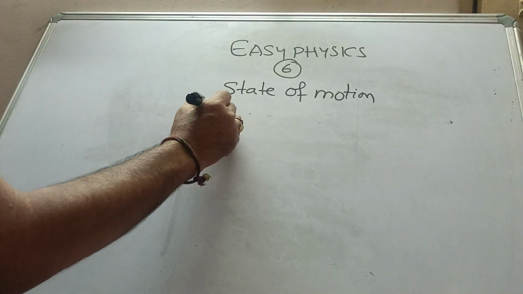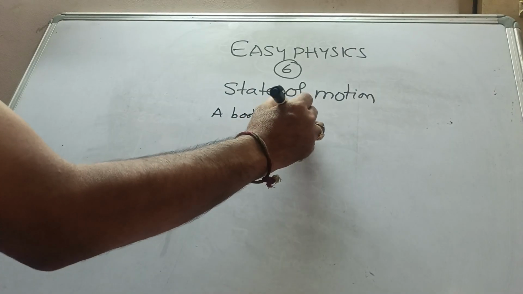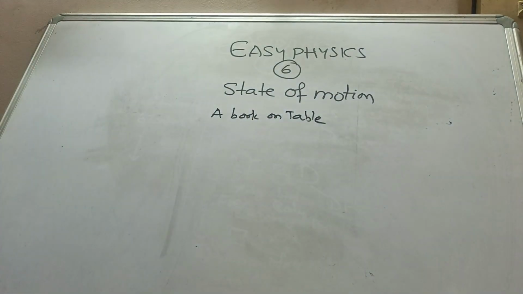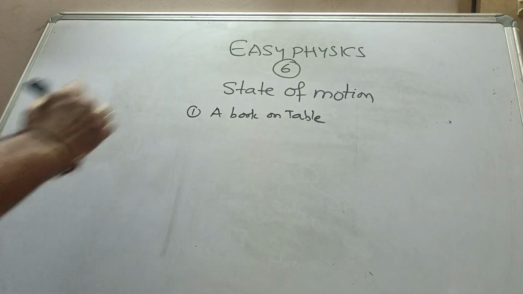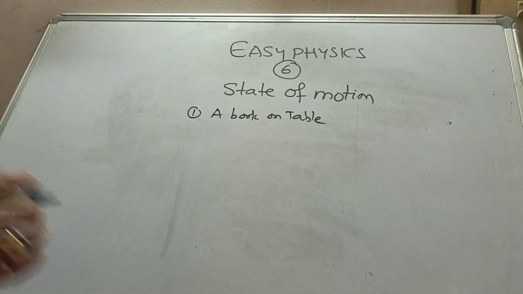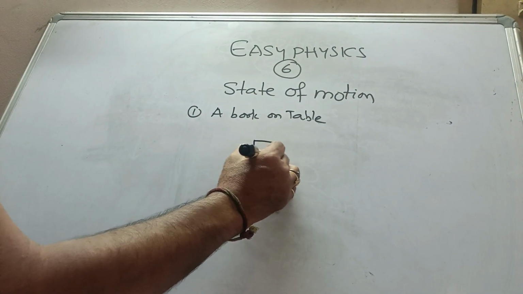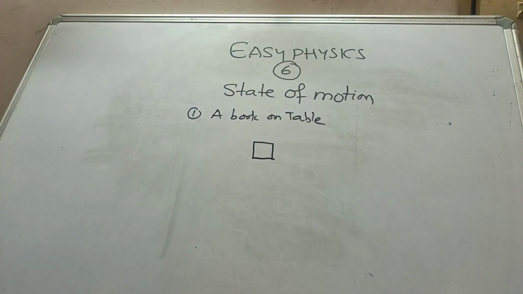For example, a book on a table. In this first example, you are not supposed to draw a table or a book or something like that. Simply you can draw it as a box. So what are the forces that work on the book on a table?